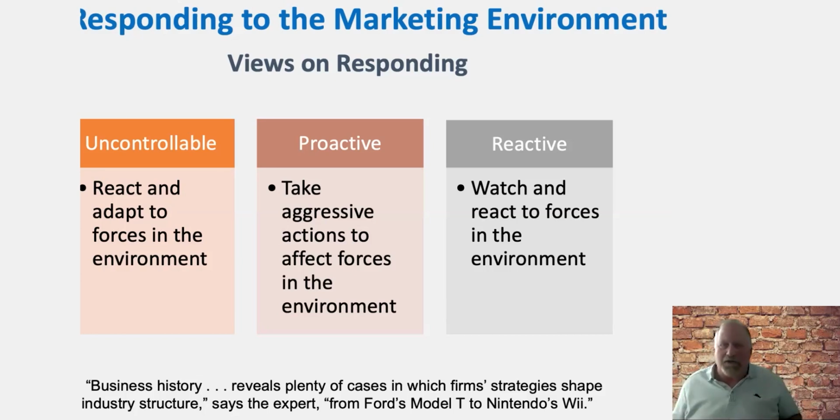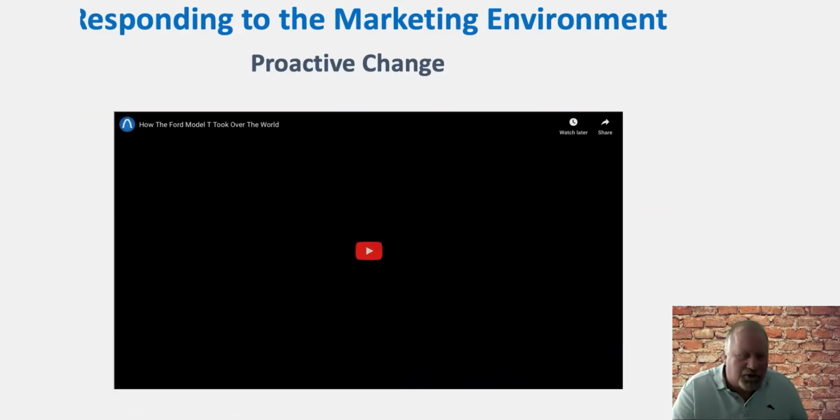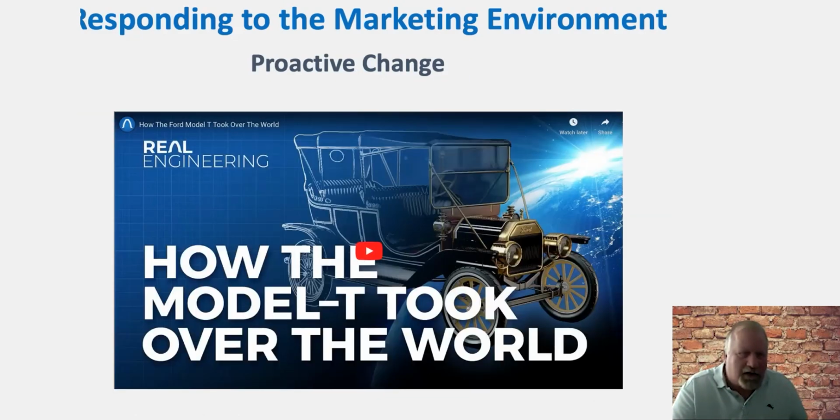We're going to talk about one company that had a massive shifting change in the way the entire environment happened, and that's Ford's Model T. So let's take a second and talk about that. We're going to watch a short video as a group and then talk about it briefly. So let's watch this video on the Model T.